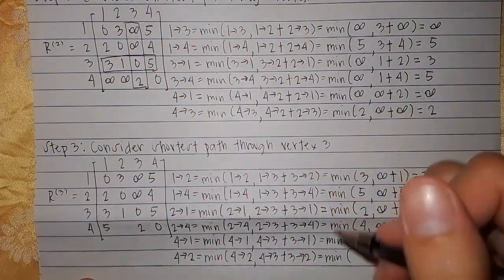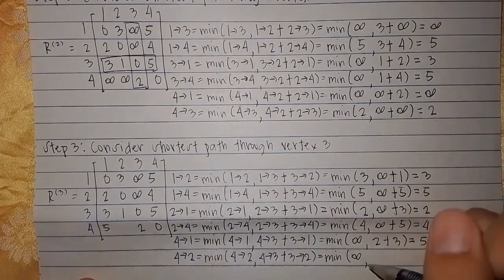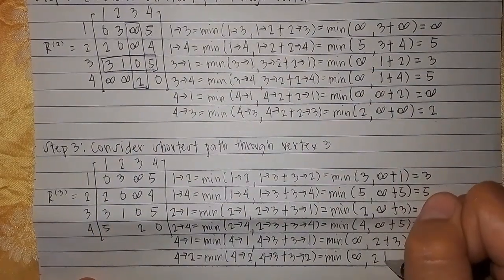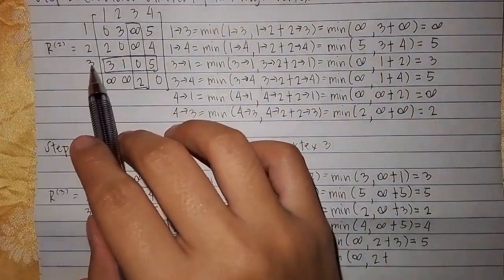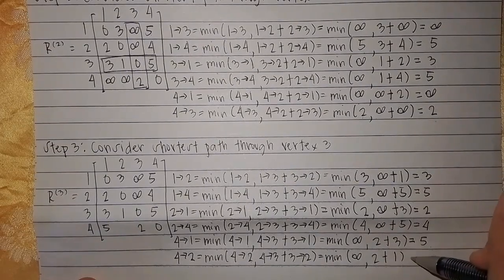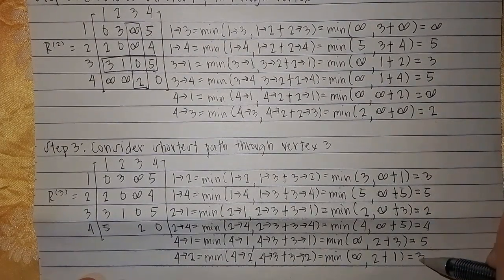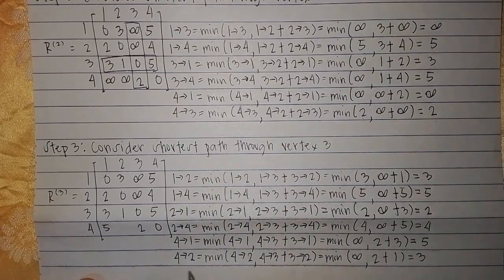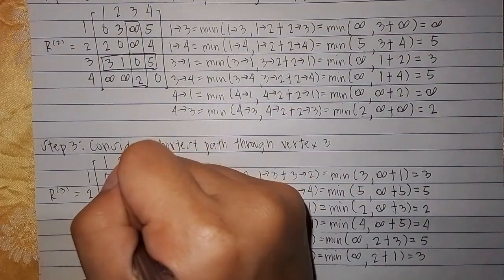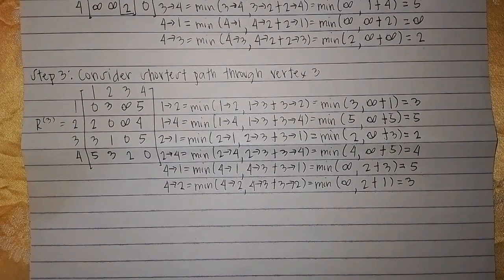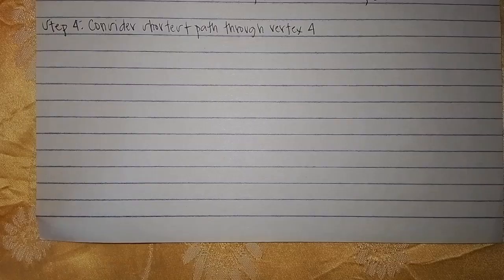So 4 to 2, as you can see, is infinite, then 4 to 3 is 2 plus 3 to 2 is 1. So 2 plus 1 is 3. So 4 to 2, the distance is 3. So this is the new matrix we have found by considering the intermediate vertex of 3. So this is R of 3.